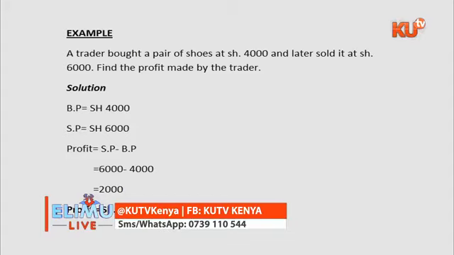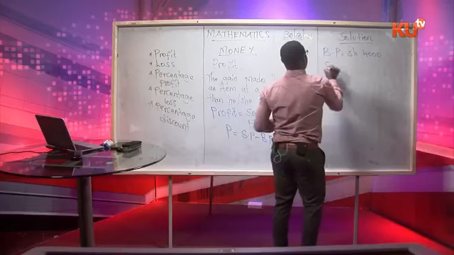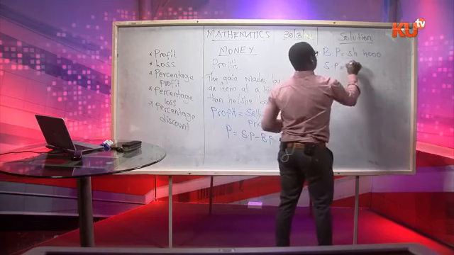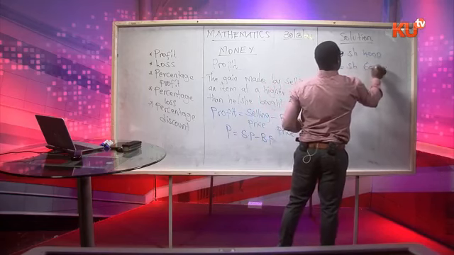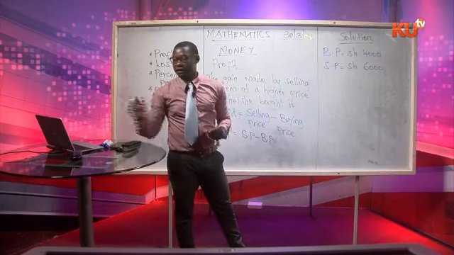So the buying price to our question is 4,000 shillings. Then the question continues and says, and later sold it at 6,000 shillings. So we come to selling price, that is 6,000 shillings. So the question reads, find the profit made.